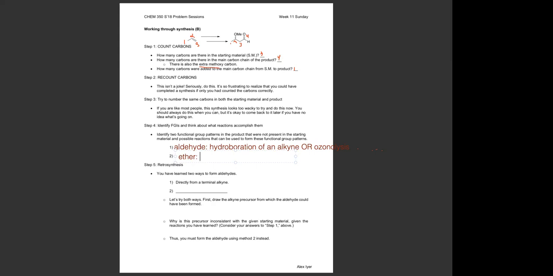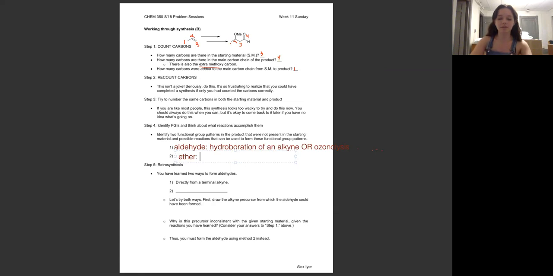Hydration, like either using oxymercuration or hydroboration first. Yeah, so oxymercuration is a great one. That's a really good way to make an ether.